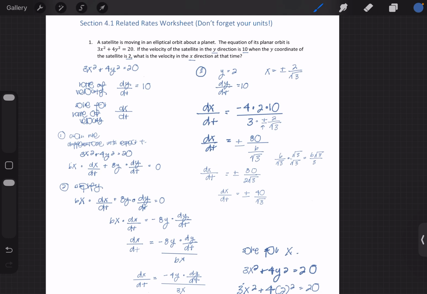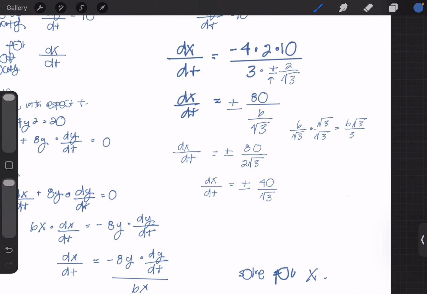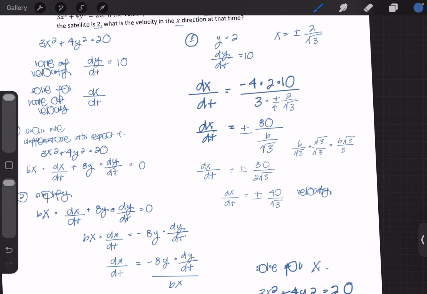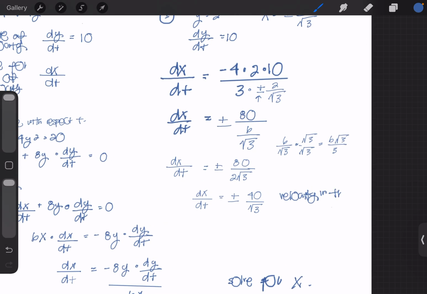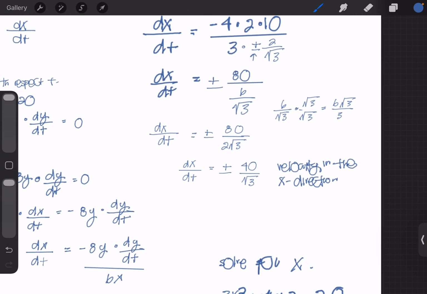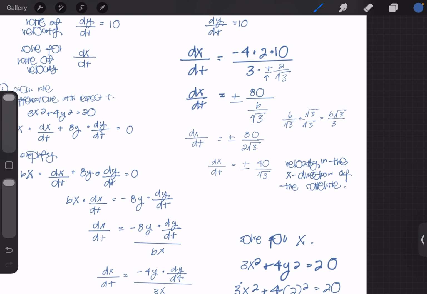And that is going to be our final answer. This represents the velocity in the x direction of this moving satellite. Okay.